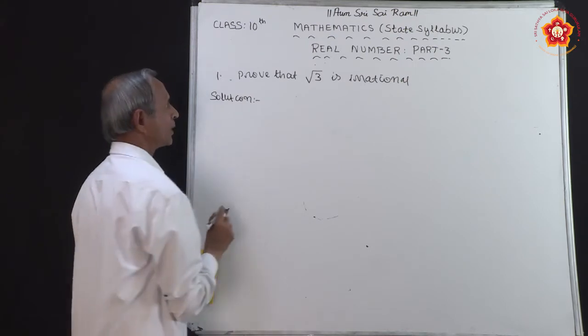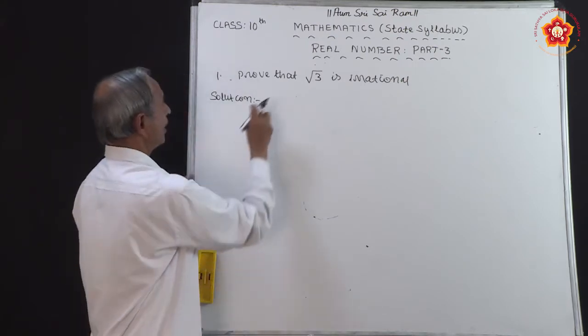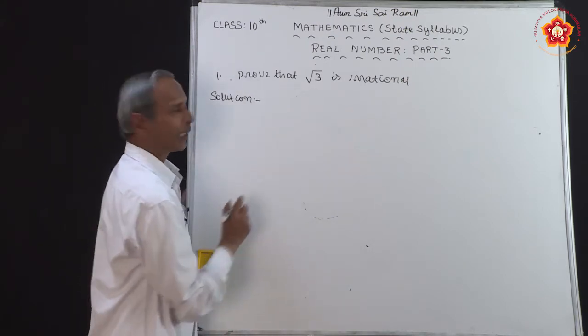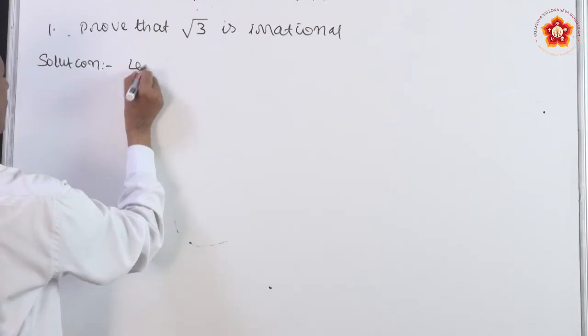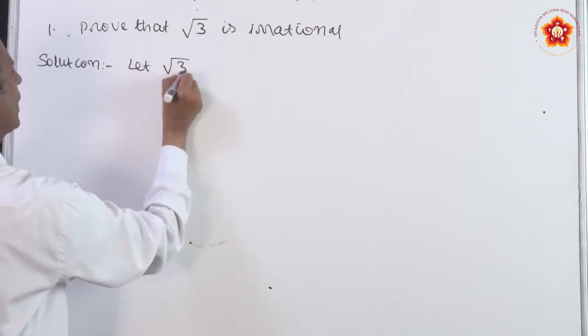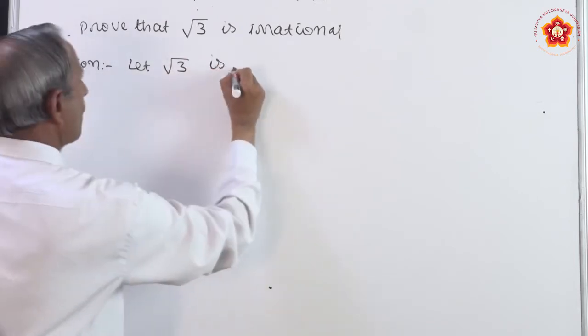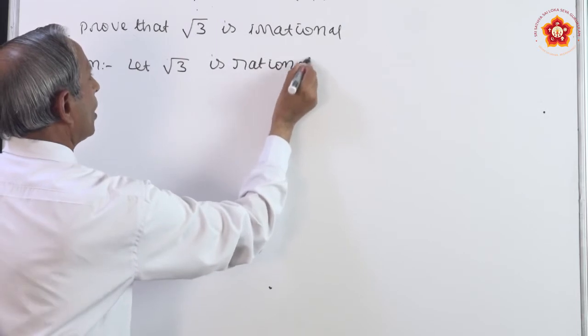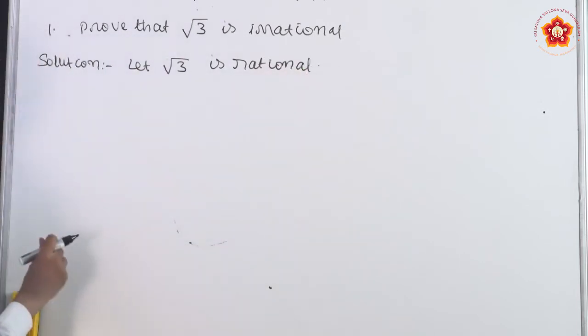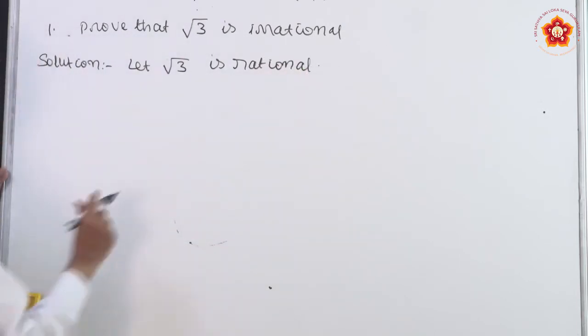Now we are using the method of contradiction. Let us assume first that root 3 is rational. We already know that a rational number can be written in the form of p by q.